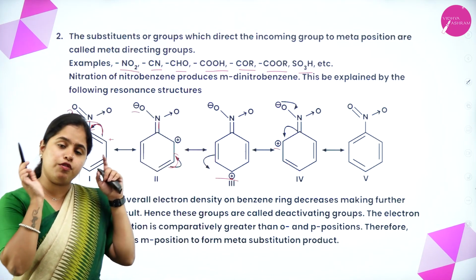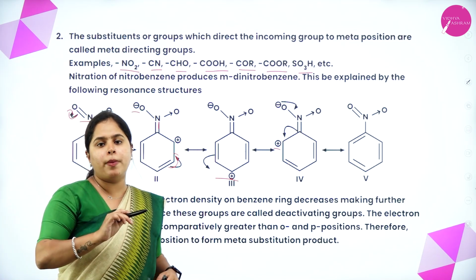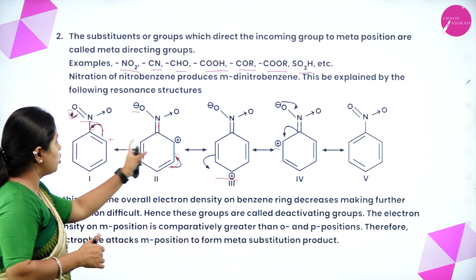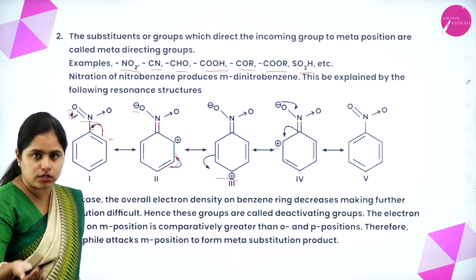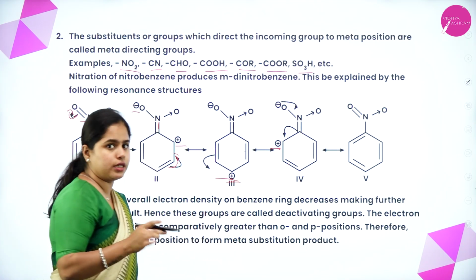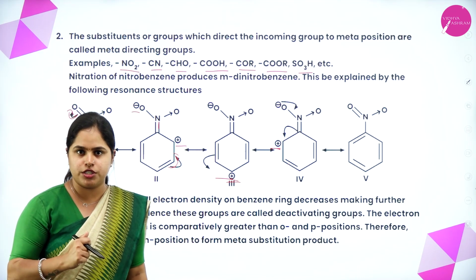So now what is the difference between the resonating structures you have seen before and now, in the ortho-para directing and meta-directing? In meta-directing, you can see in the ortho and para positions you are getting a positive charge, right? In the ortho position here, para position here, ortho position here, it is not electron rich now. It has less density of electrons here, right?